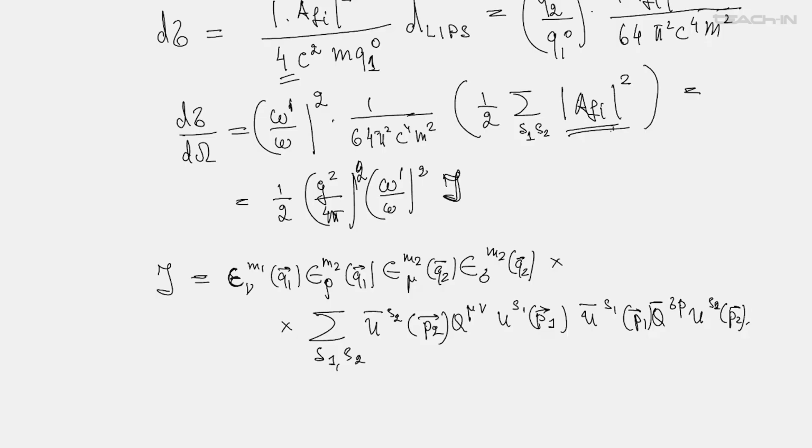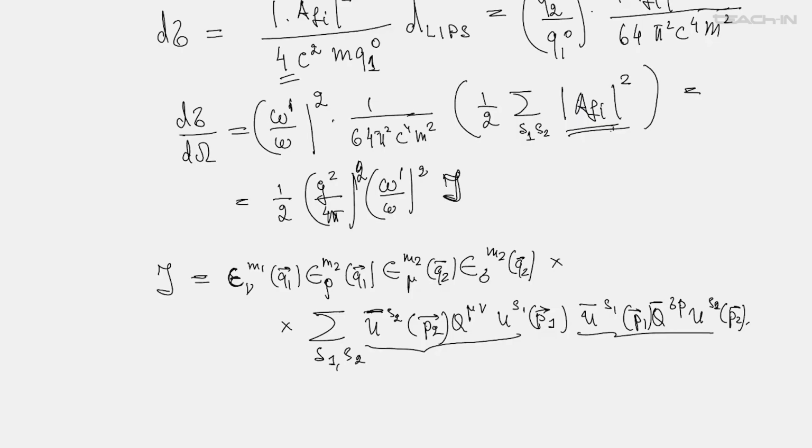Quite a complicated expression. This is most probably the technically complicated part, which comes from the fact that you take the modulus of the amplitude squared. That's why so many terms appear here. You see you have 4 polarizations. You have also a lot of spinors, and now the question is how to compute this quantity.